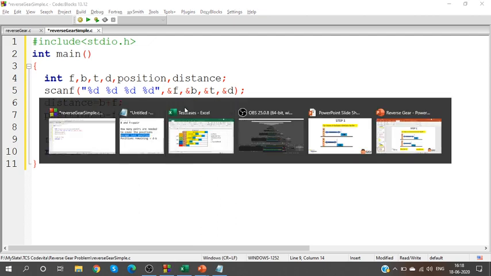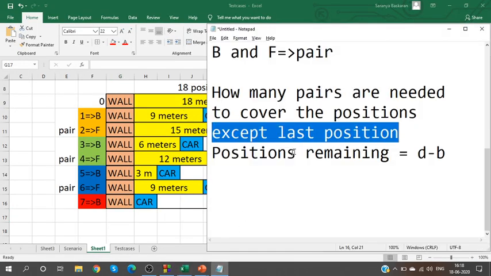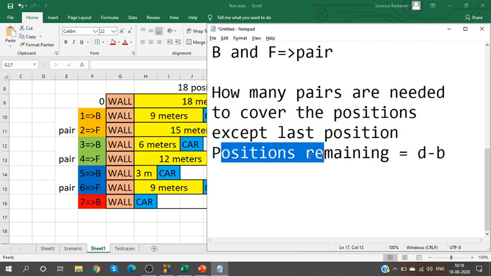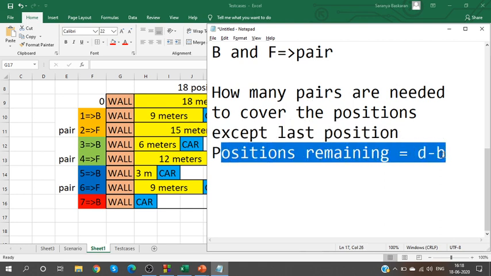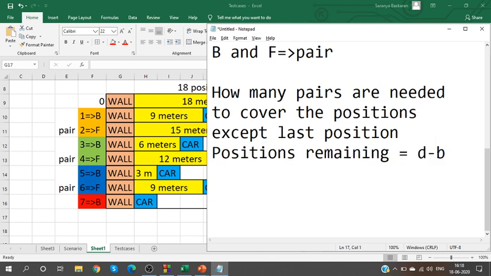Now the question is, what did I ask you? How many pairs are needed to cover the remaining position? I have the remaining position. The remaining position is D minus B. Now what is the pair count? Except the last data, to cover the remaining positions, how many pairs are needed? This is my question.